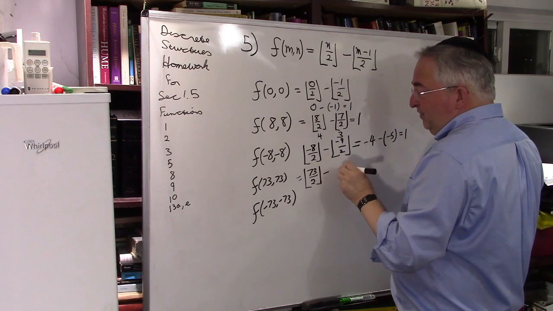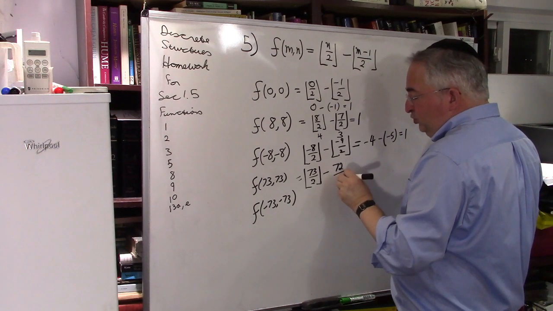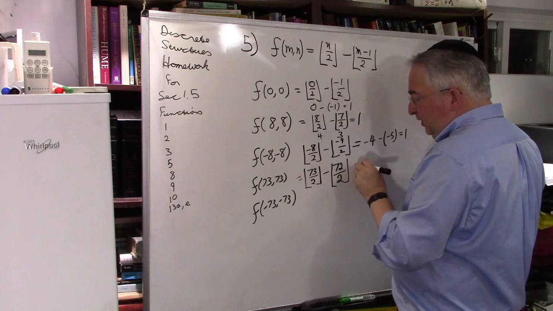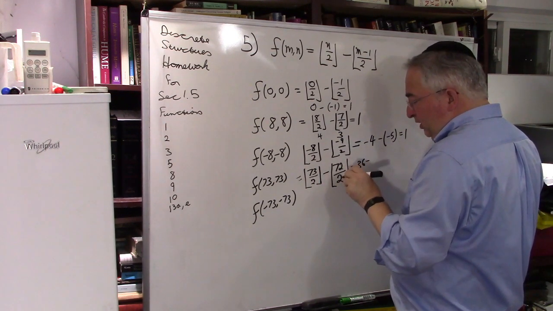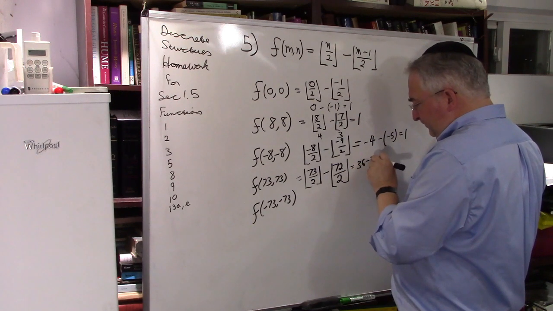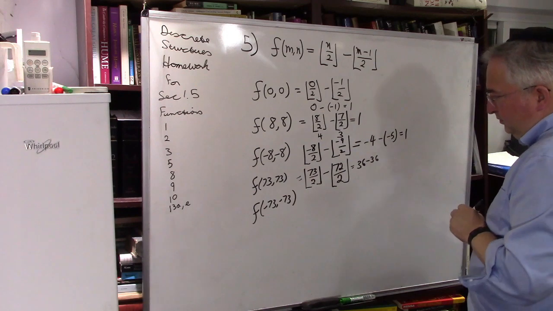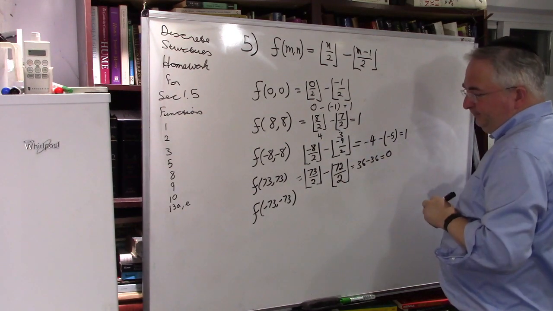Minus 72 over 2. So the floor of that is 36, minus 36. And that's going to equal 0.